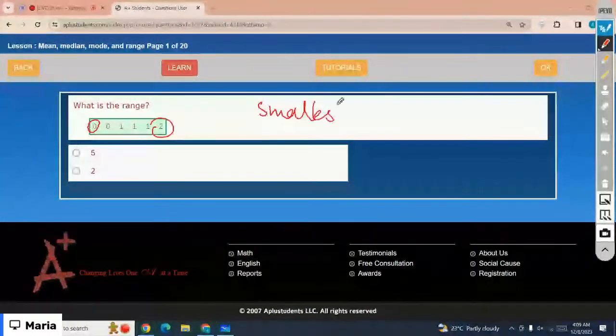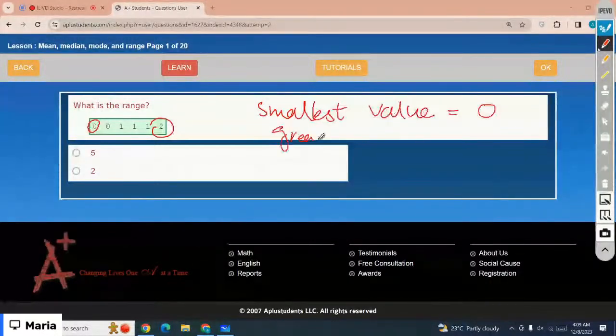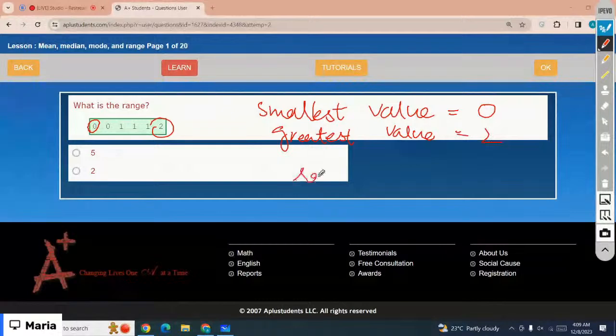The smallest number is 0, the greatest value is 2. Just calculate the range. Range is the difference between the greatest and the smallest value. 2 minus 0 is 2. So the range of the data is 2.